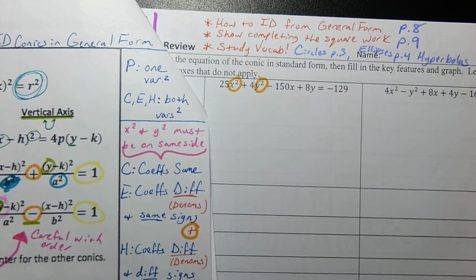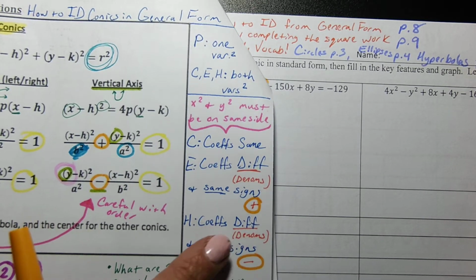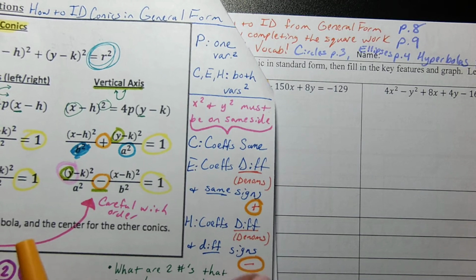For a circle, the coefficients of those square terms will be the same. Is this a circle? No. For ellipses, the coefficients need to be different and have the same signs. This is an ellipse. For hyperbolas, we're going to have different coefficients as well with different signs.